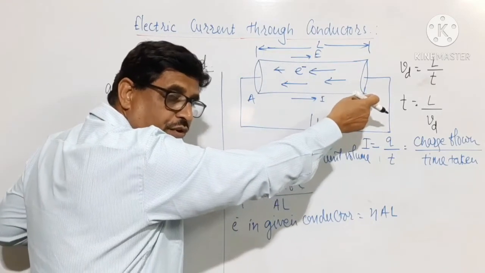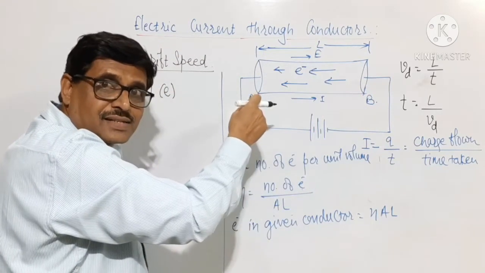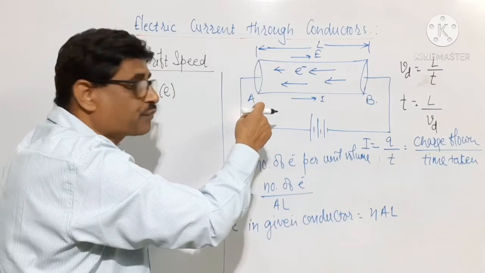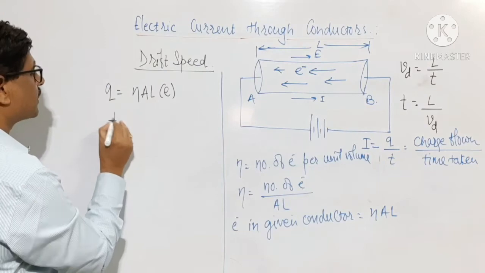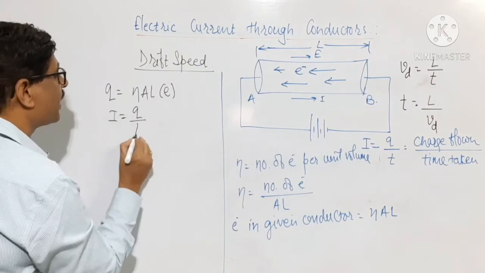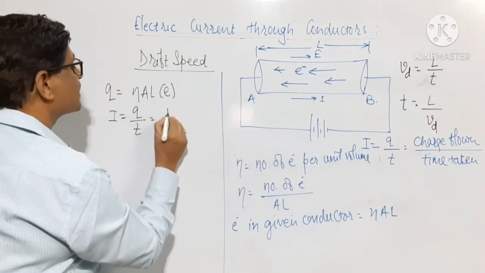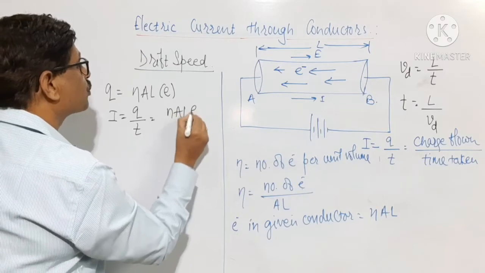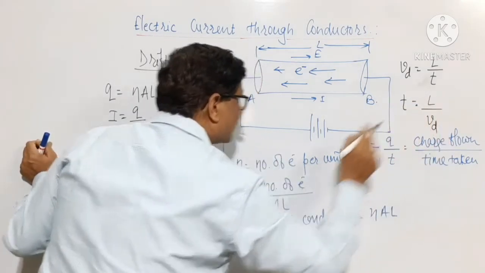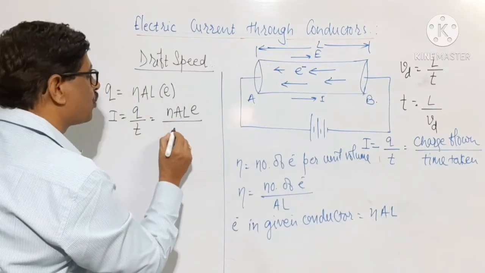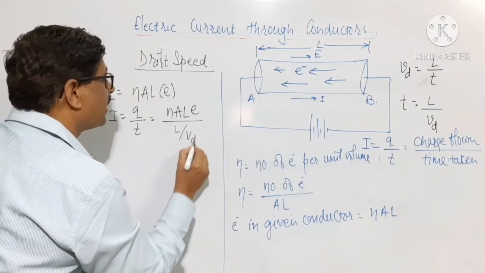Electrons move from B to A and hence conventional current flows from A to B, and the current in the conductor I is equal to Q divided by T. Q is n A L into small e, and T is L divided by Vd.